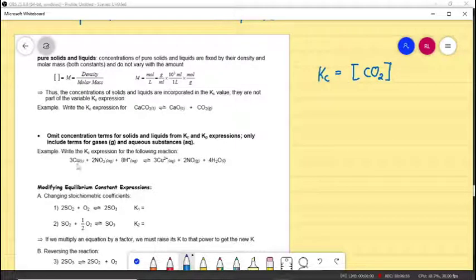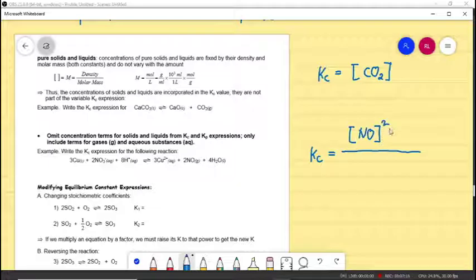For this example, the equilibrium expression is Kc equal to the concentration of nitrogen monoxide raised to the power of 2.